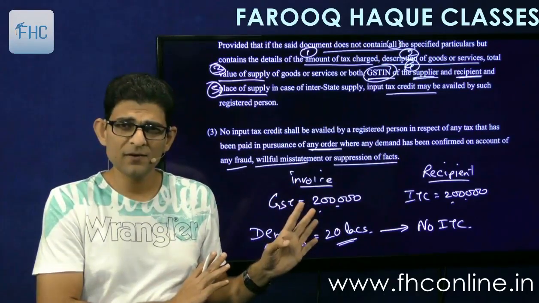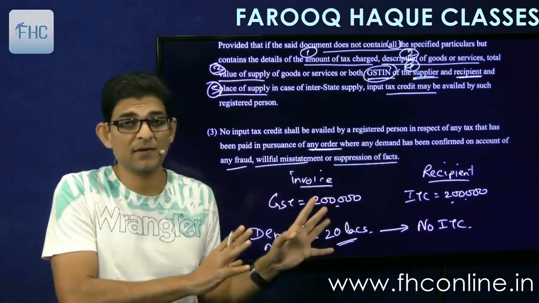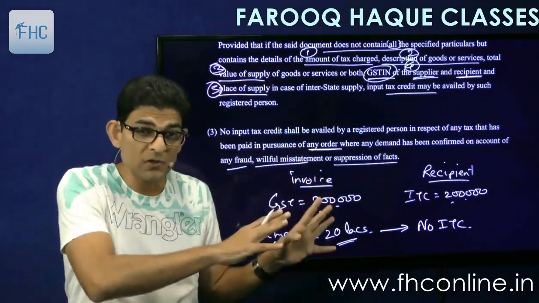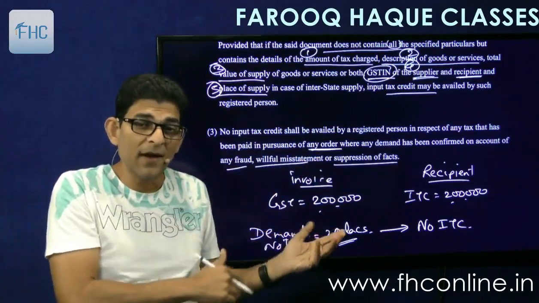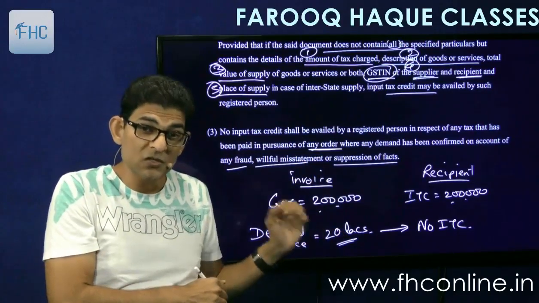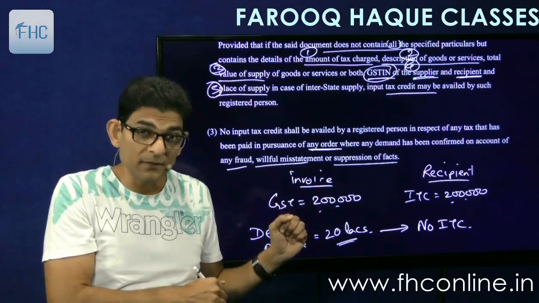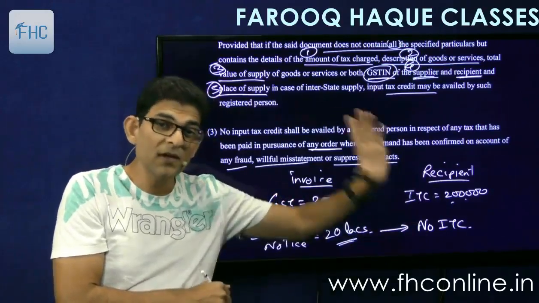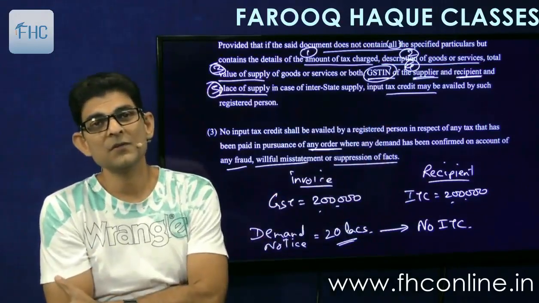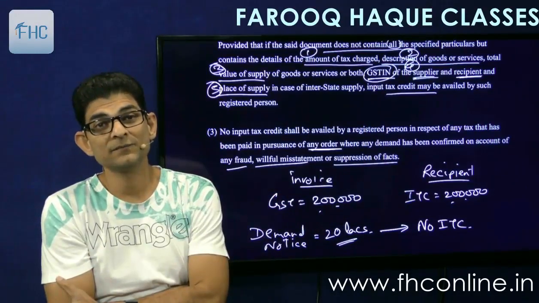But there is another point in this. Sometimes we pay less tax by genuine mistake, by some error or omission. If this is a genuine mistake or an error, and the department recovers the additional tax from the supplier, he is allowed to pass on the credit to the recipient, and the recipient can avail the credit.